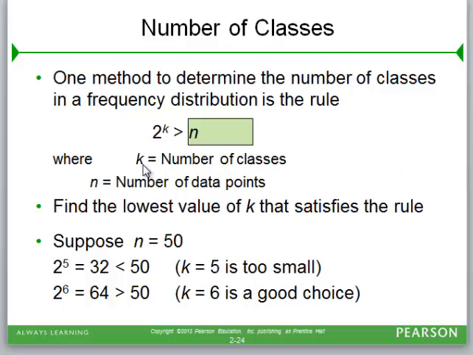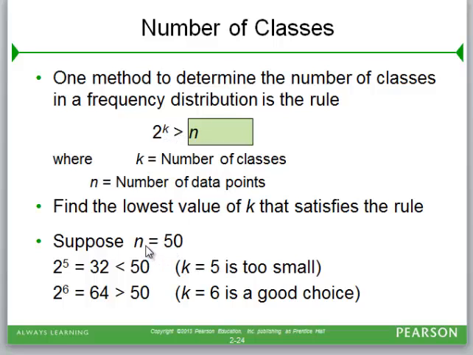Let's assume K is the number of classes and N is the total number of data values. Here is a very useful recipe: find the smallest K to make 2 raised to the power of K greater than N.